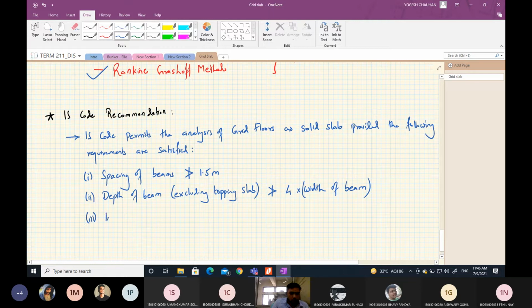The width of the beam should not be less than 65 mm.